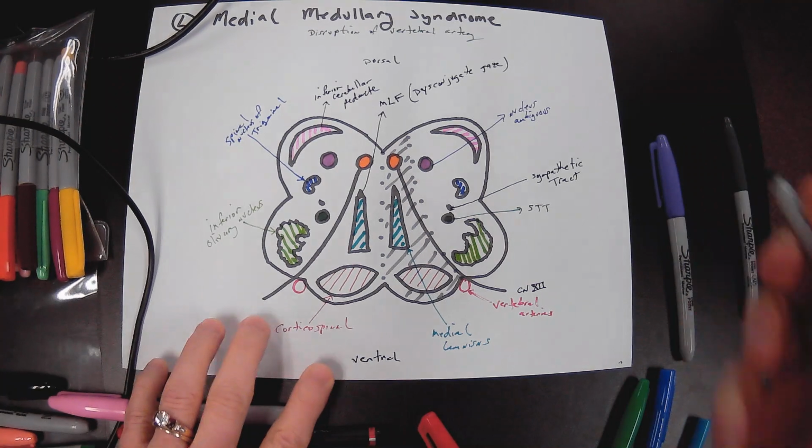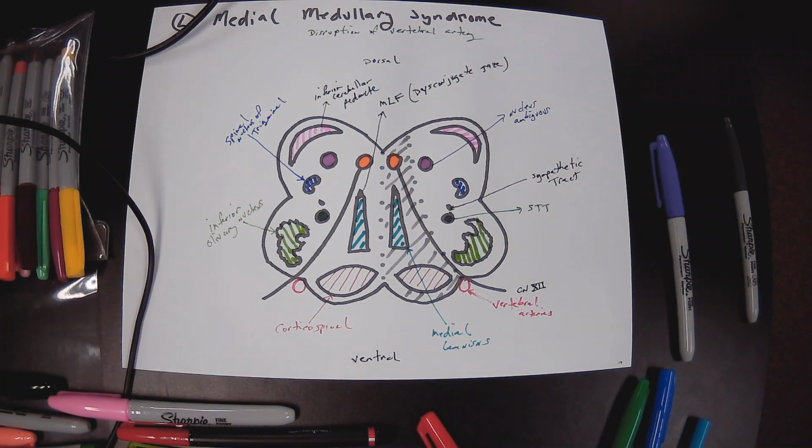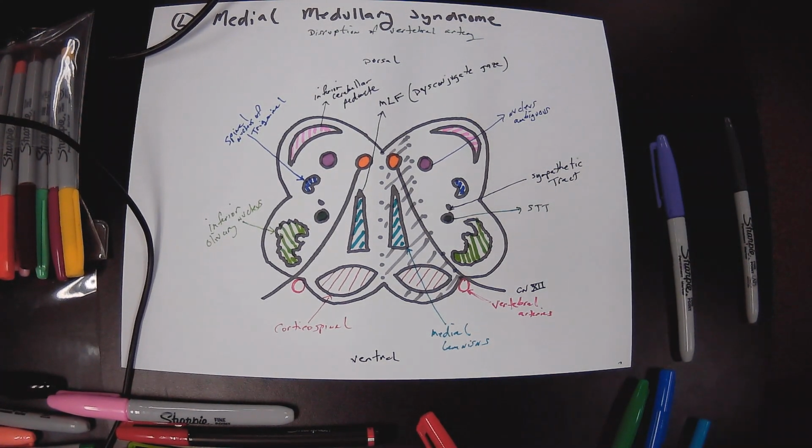That means one eye is pointing in one direction, the other eye is pointing in the other direction. So if MLF is affected, the patient's going to present with a dysconjugate gaze. Gaze, G-A-Z-E.